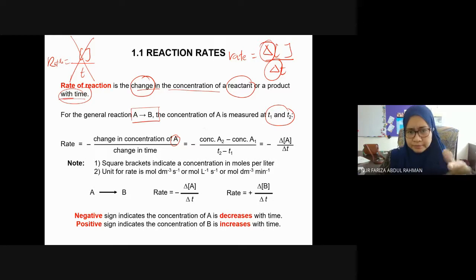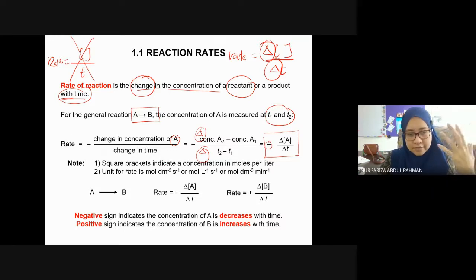If we expand this change in concentration, we will get concentration of A2 minus concentration of A1 divided by T2 minus T1. So this is change, and you have to subtract in order to get the delta. At the end of the day, you will get negative A, and the reason you get negative here is because A represents the reactant.